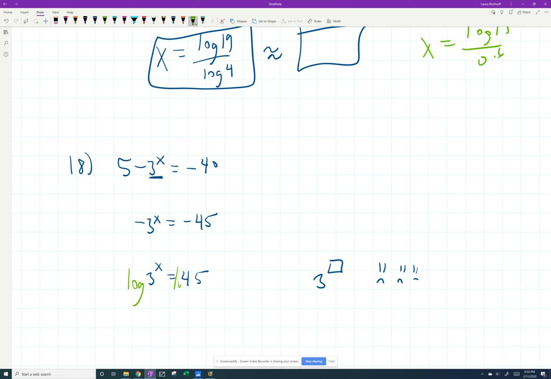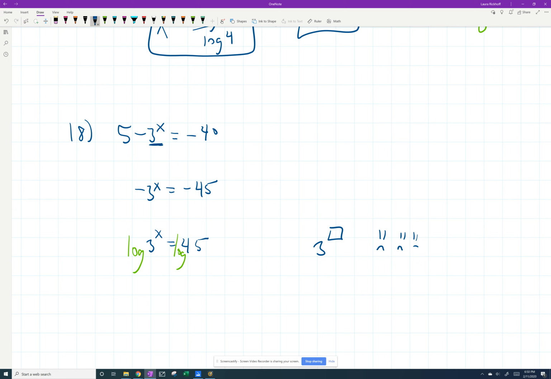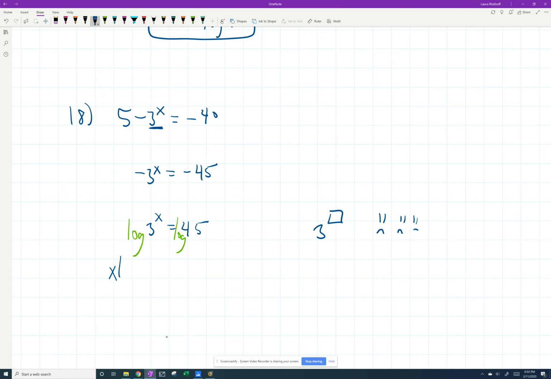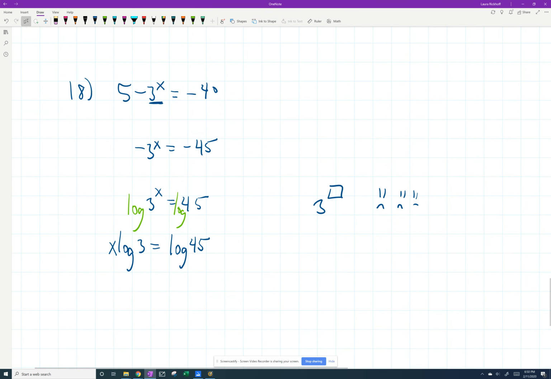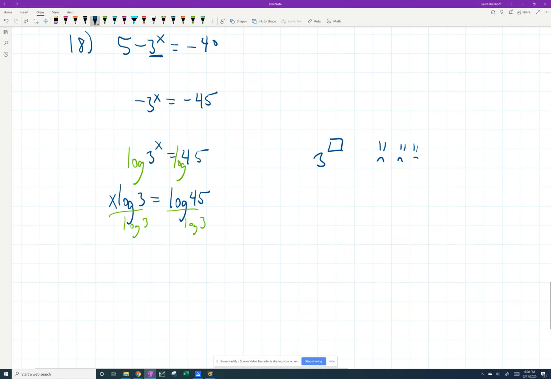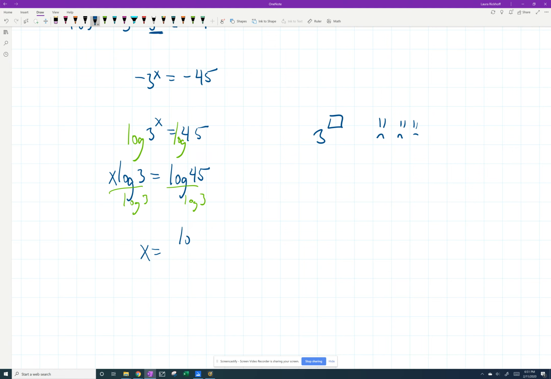You take the log of both sides, because the logs are the opposite of exponents. And then that'll bring that x down to the front. And then you'll divide both sides by the log of 3. And you'll have x equals the log of 45 divided by the log of 3. And you'll leave it there. So exciting.